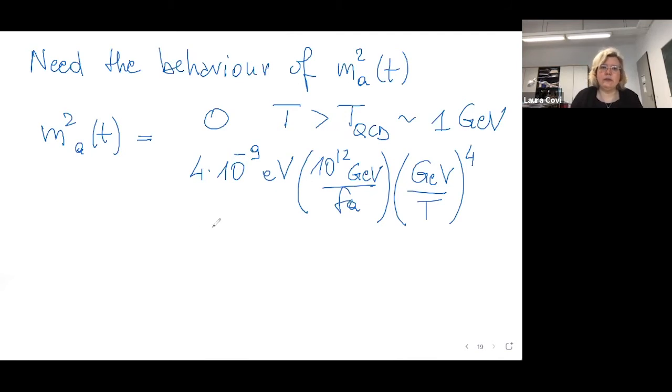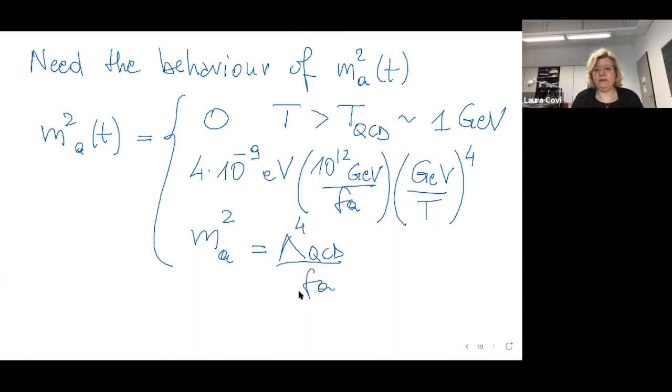If you are sufficiently below the phase transition, this will be exactly m_a fixed by lambda QCD, so lambda^4 QCD divided by f_a. Okay. And this happens relatively quickly. You see here the dependence is t to the -4. It means that the mass grows pretty fast.